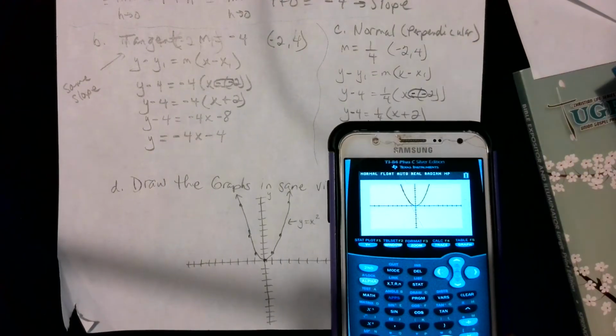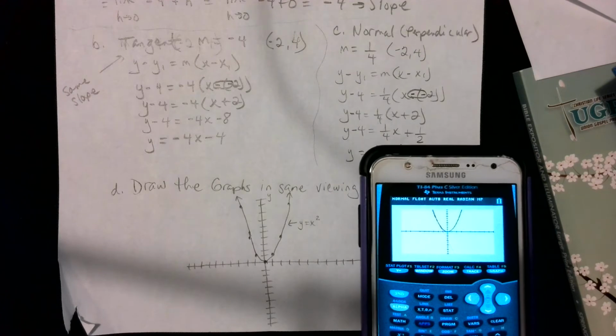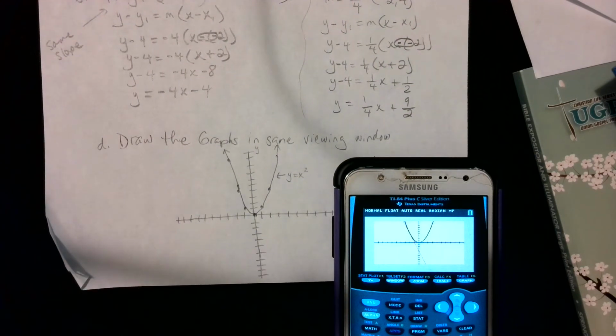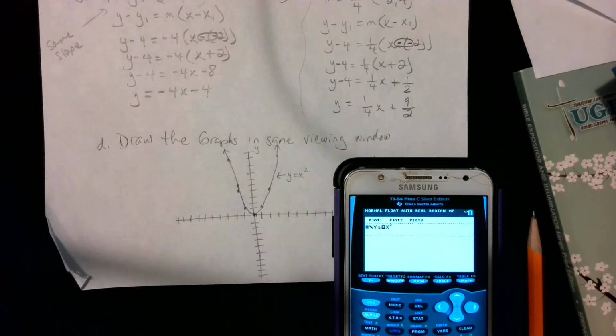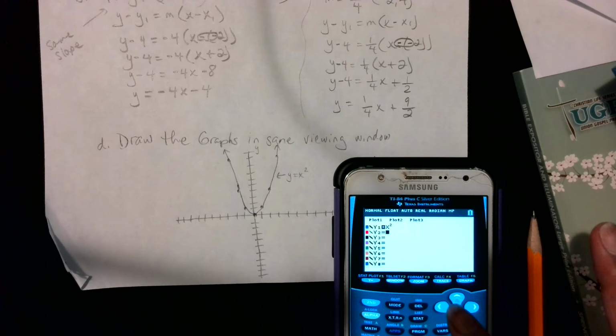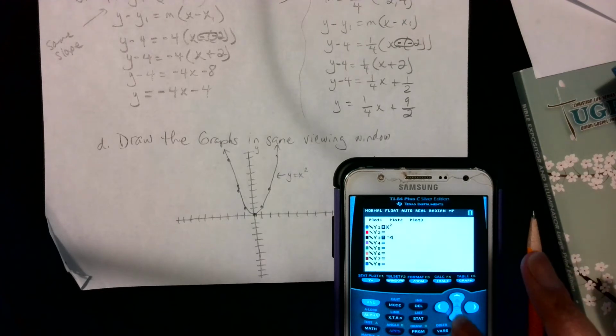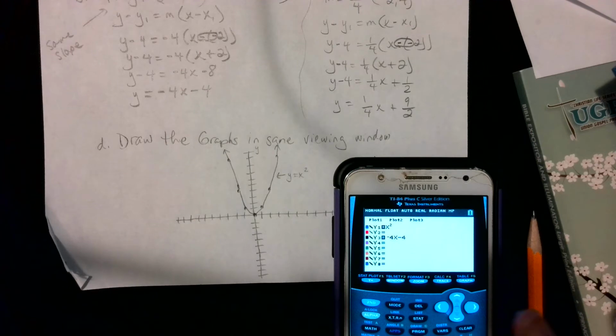Let's see if I can change the color. See if that's better. So that's our curve, and that's our tangent equation. All right, that was a little bit better.